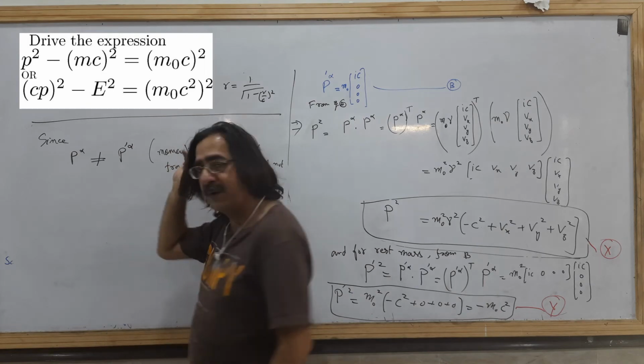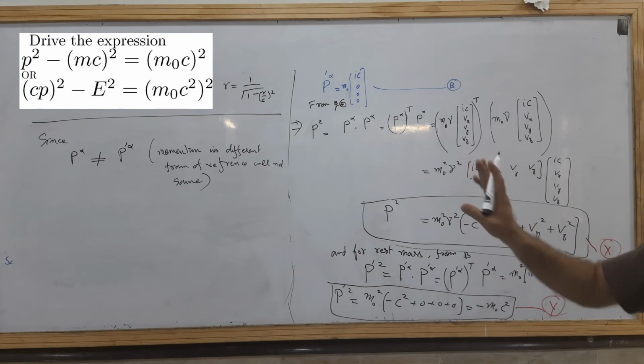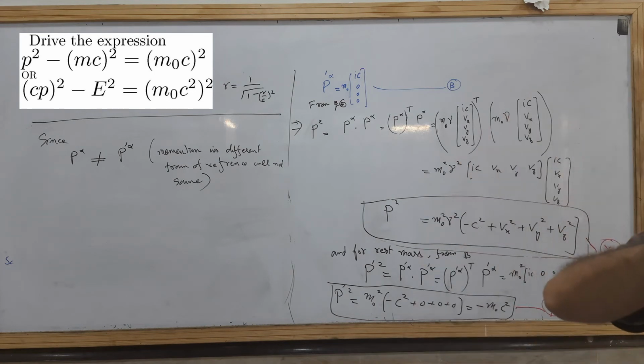I have already explained it. Yeah, that is the one two जो आप पूछ रही थी. The momentum will not be the same, vector will not be the same, but the square of the magnitude will remain the same.